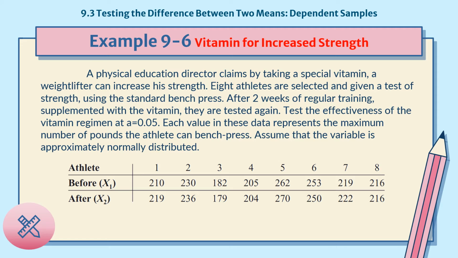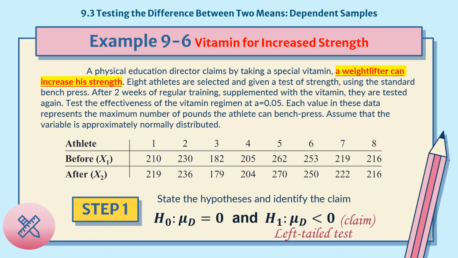And we have this given table. We have 8 athletes and we have the before and after. So, if we observe our problem, it uses a pre-test and post-test for the sample athletes. So, it is a dependent sample. So, step 1. State the hypothesis and identify the claim.